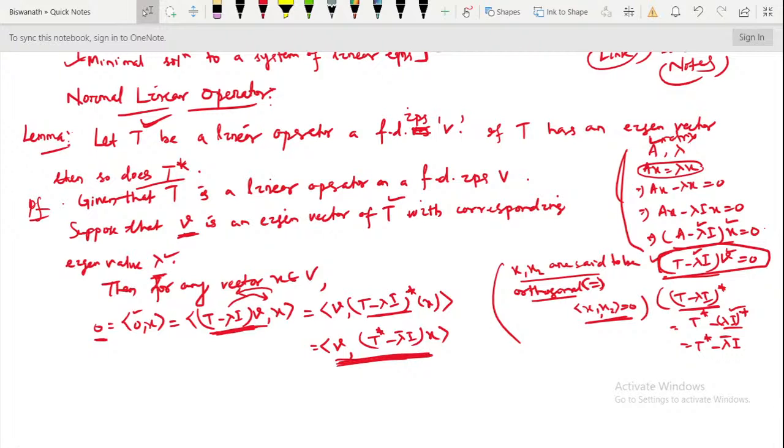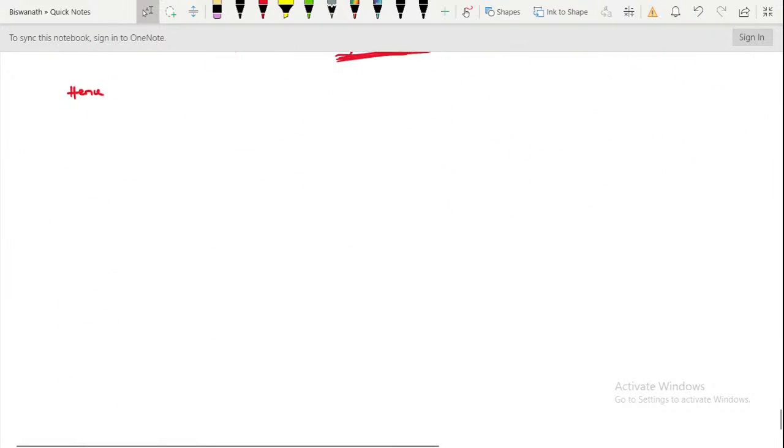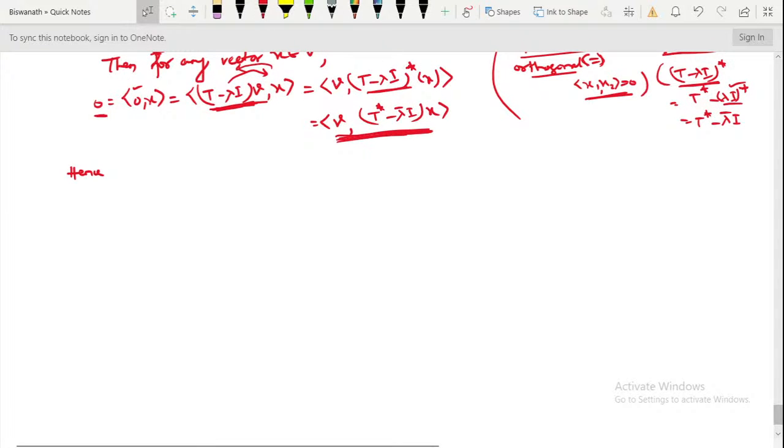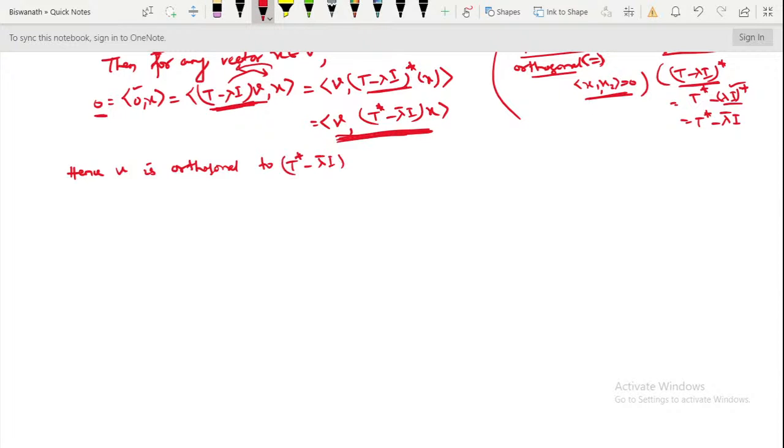So we can write, hence, v is orthogonal to (T star minus lambda bar I)(x).